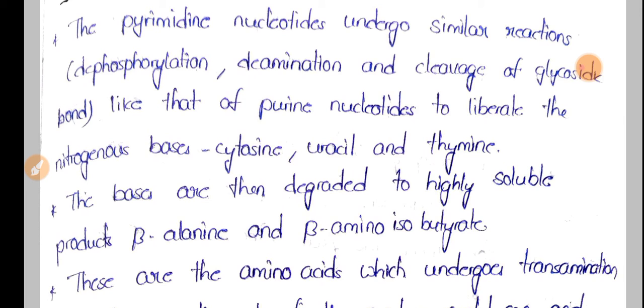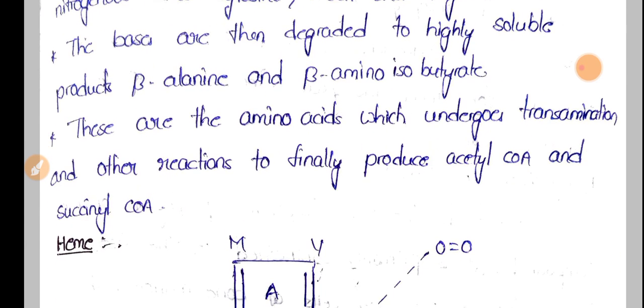Cytosine, uracil and thymine will be liberated, and the bases are then degraded to highly soluble products, that is beta-alanine and beta-amino isobutyrate. These are the amino acids which undergo transamination and other reactions to finally produce acetyl-CoA and succinyl-CoA.